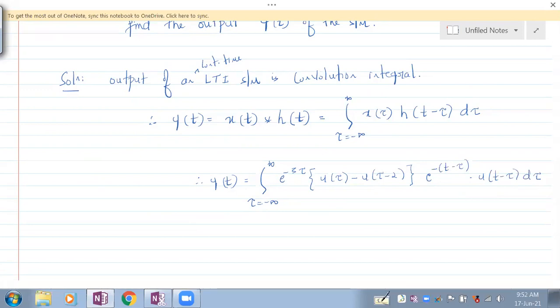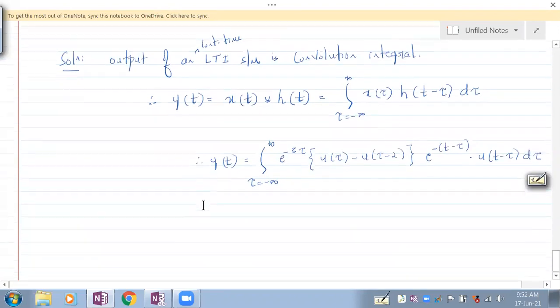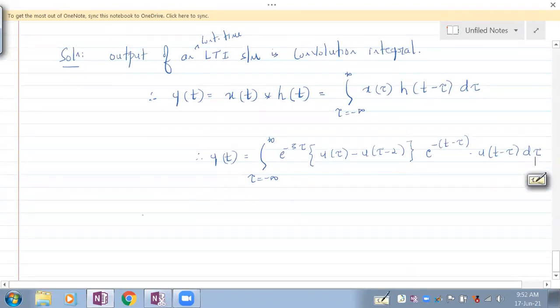Understand this point? Now there is an exponential which can be split into two, and something that has got nothing to do with tau within the integral can be kept out. So y of t can be written as, I'll keep this e power minus tau minus t out. e power minus t I'll keep out.